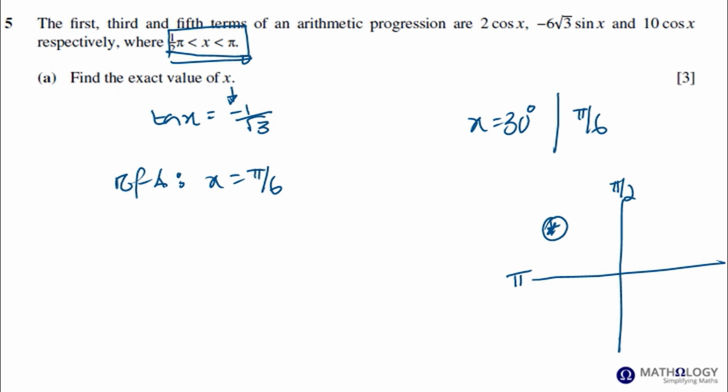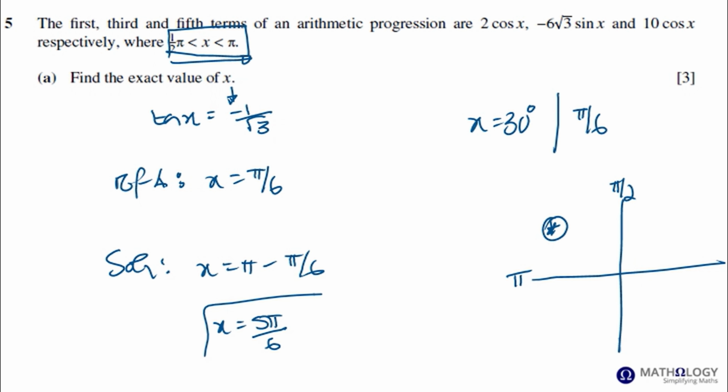Tan is clearly negative in the second quadrant, so the only solution will be in the second quadrant. So the reference angle is pi by 6, which means the solution x is pi minus pi by 6, x equals 5 pi by 6.